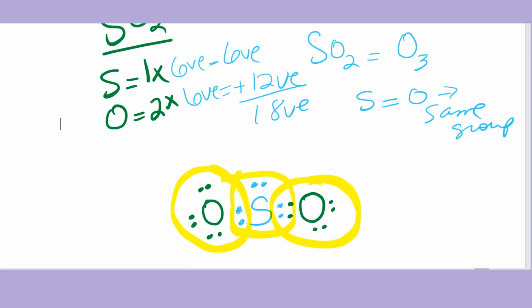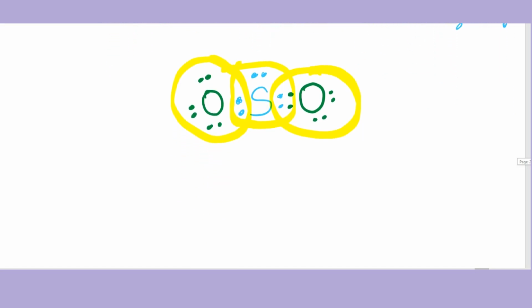Now, you know we can't leave our picture like this, so let's go ahead and redraw this picture showing the correct structure of the molecular bonds. So here we go.